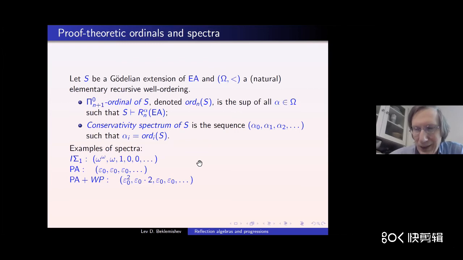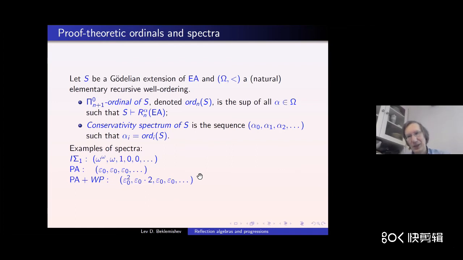The axioms of I sigma 1 are equivalent to pi 3 formulas, and therefore, starting from number 4, we see zeros everywhere. For PA, this is not so, and the resulting sequence of ordinals looks like this: epsilon 0, epsilon 0, epsilon 0, and everywhere one finds epsilon naught.